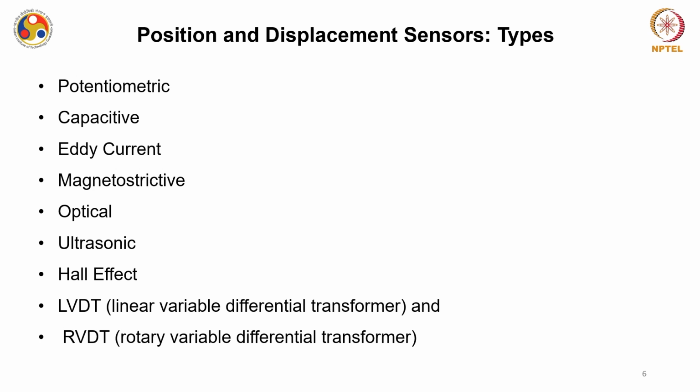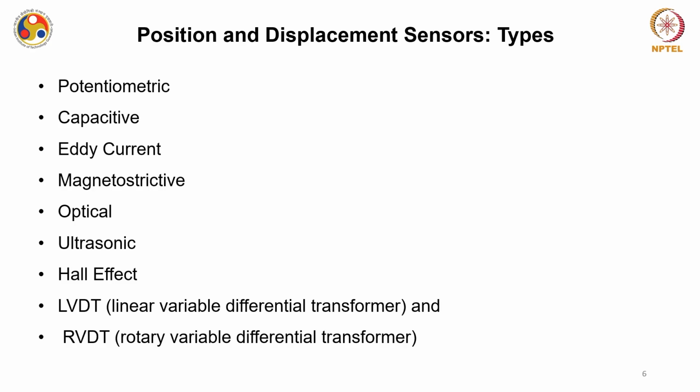Then you have eddy current based sensors, then magnetostrictive or magnetoresistive devices, optical devices, ultrasonic devices, and Hall effect based sensors. Then you have LVDT and RVDT, which are the linear variable differential transformer and the rotary variable differential transformer.